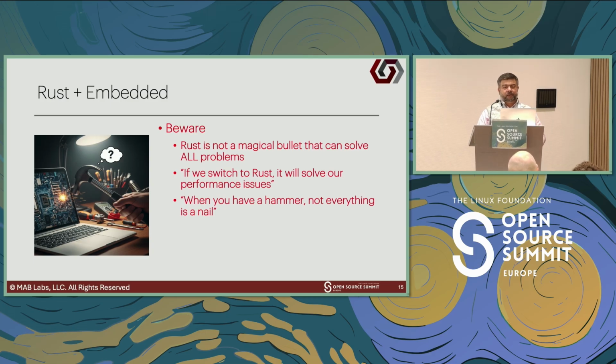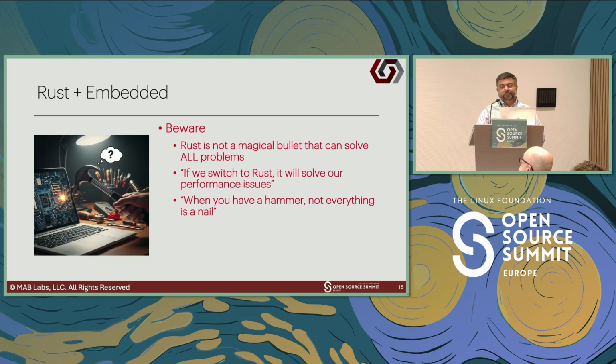From my perspective, it's a tool for me to use to tell me when problems are going to occur in my implementation. But it's my responsibility and my job to make sure that I'm implementing things correctly, and that I'm still tracking my performance metrics to make sure that the implementation is correct. Whenever we have a new tool, there's a tendency to think everything is a nail and I'm just going to use Rust for everything.